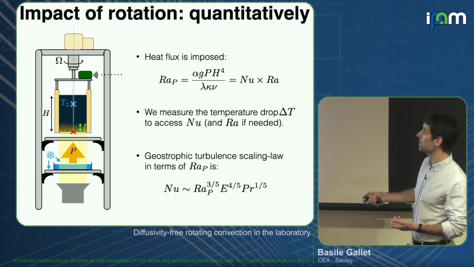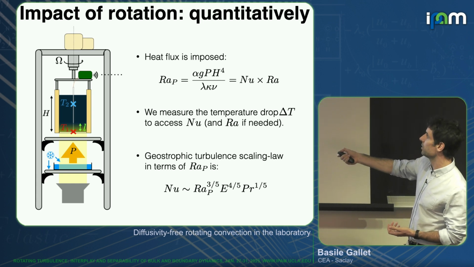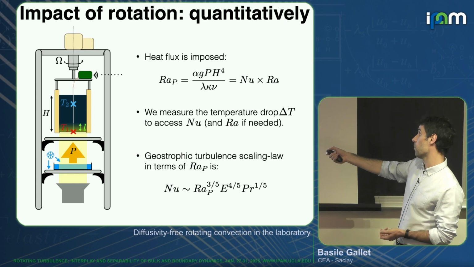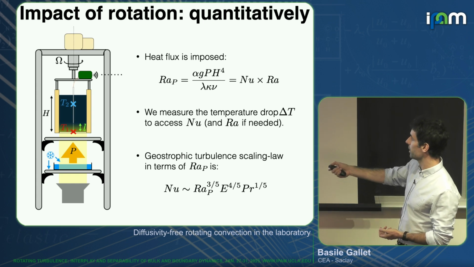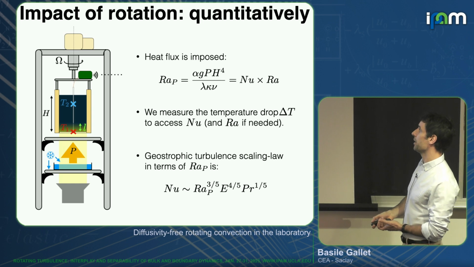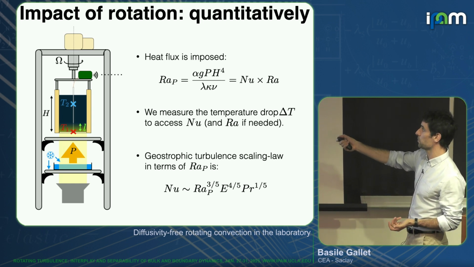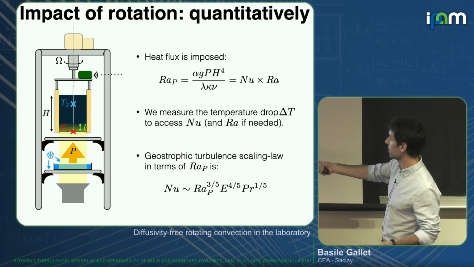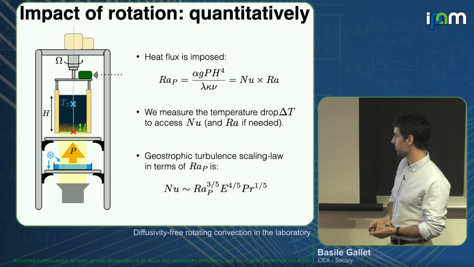Because the heat flux is imposed, the control parameter is the dimensionless heat flux, alpha g q h^4 over lambda kappa nu. That's the flux-based Rayleigh number, and it's just the product of Nusselt times the standard temperature-based Rayleigh number. And we measure delta T to access Nusselt and Rayleigh if we want.